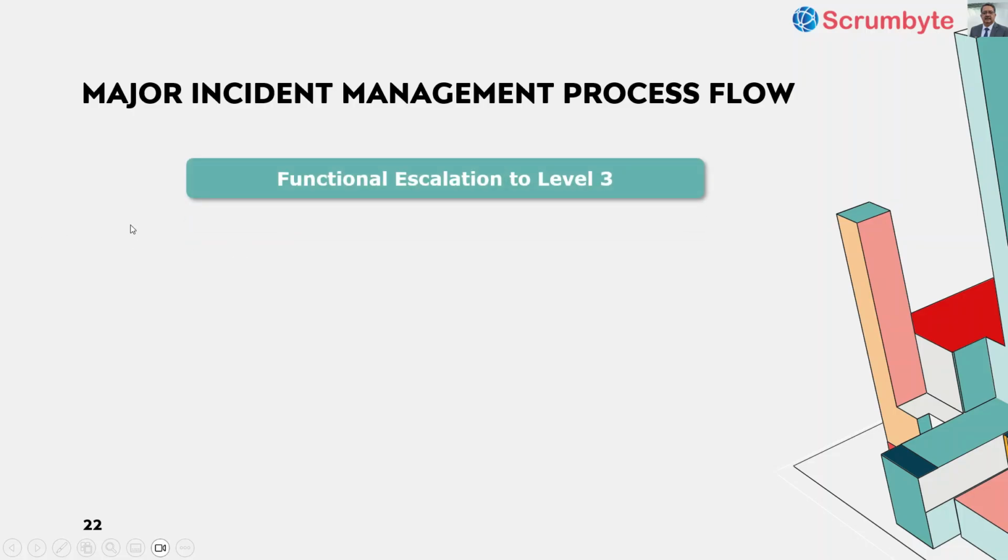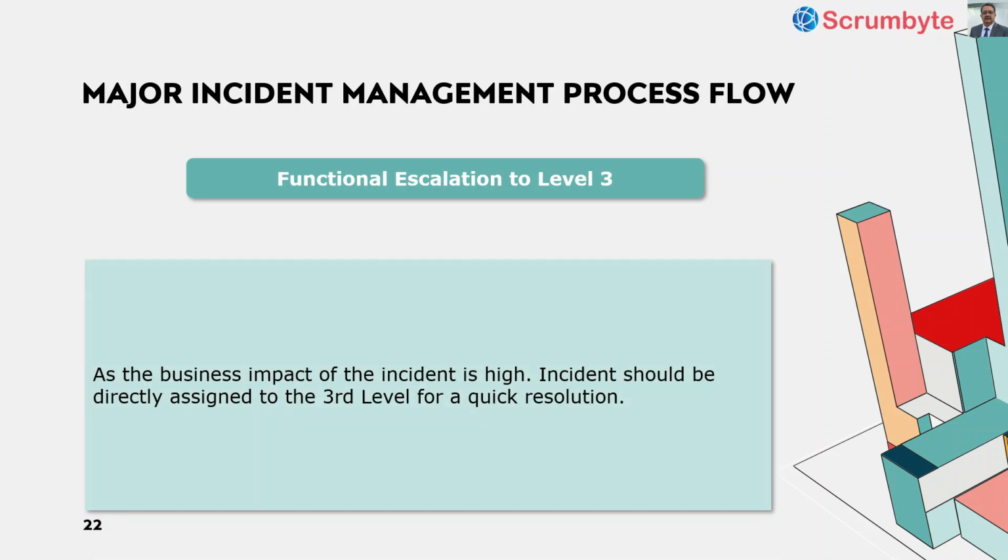So here what is happening is there is a functional escalation to level 3. So level 1, level 2, level 3. Level 3 is on a higher order. As a business, the impact of the incident is very high, so the business is going to suffer. Incident should be directly assigned to a third level for quick resolution.